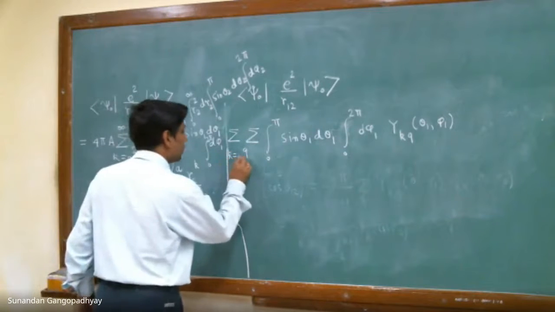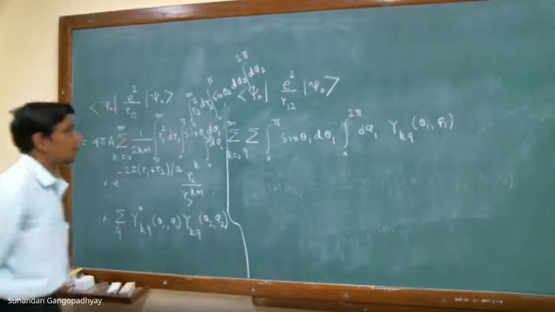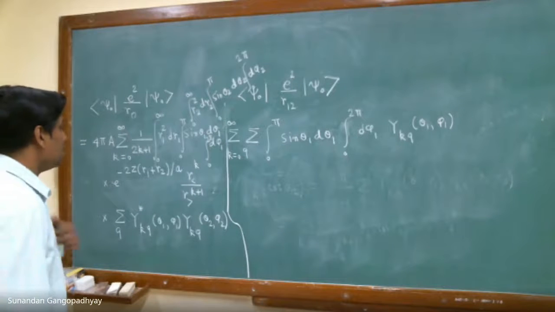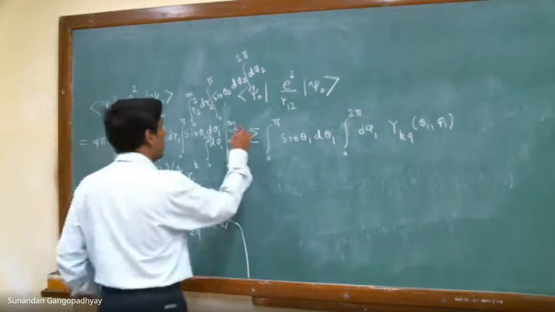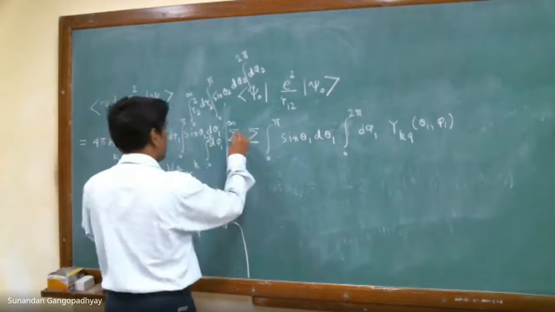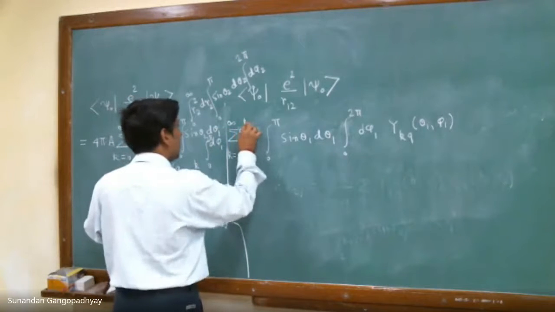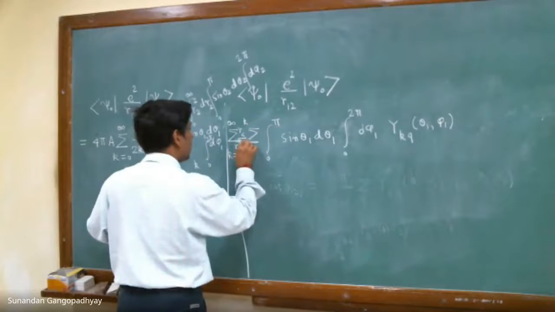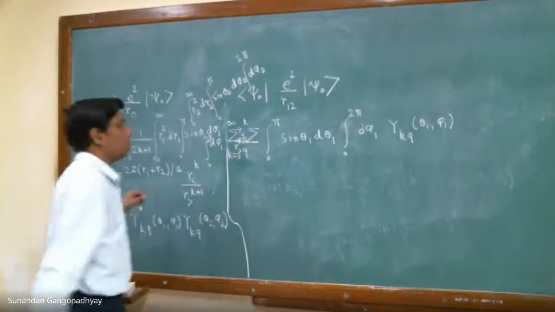So let us keep it like this. And we should obviously remember that there is an r less than k by r greater than k plus 1 here. So you should remember this.